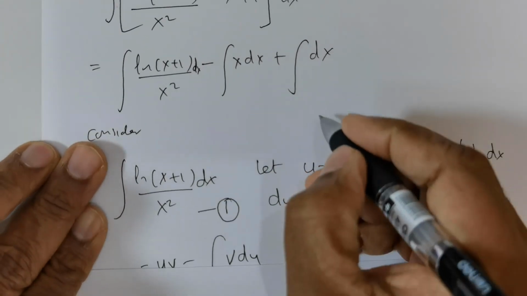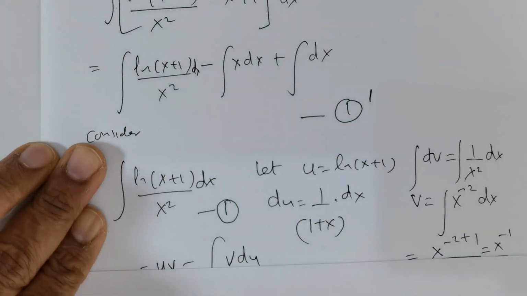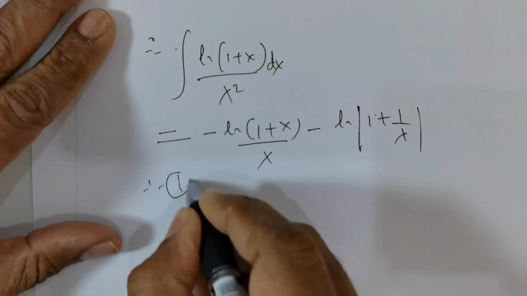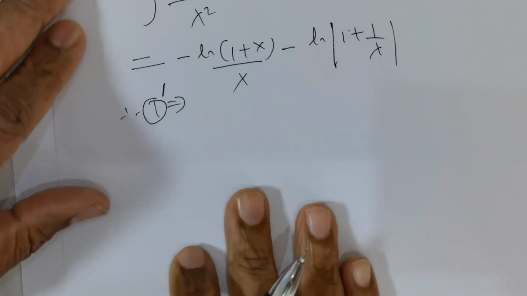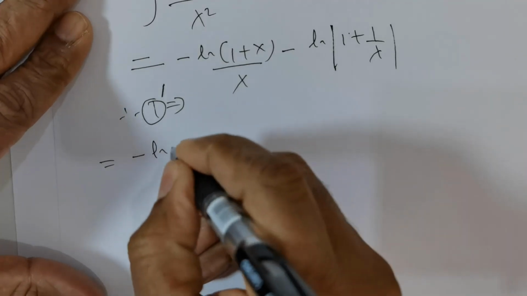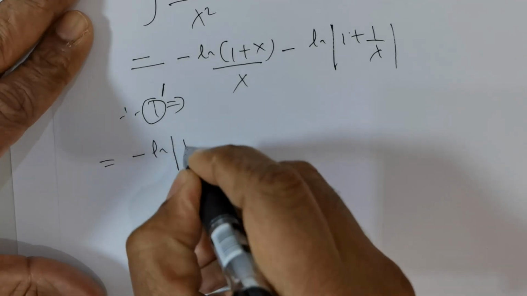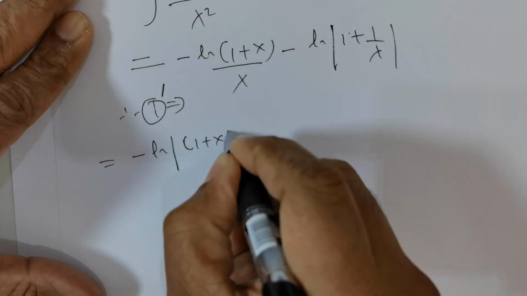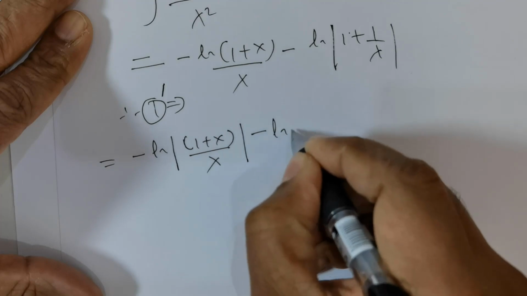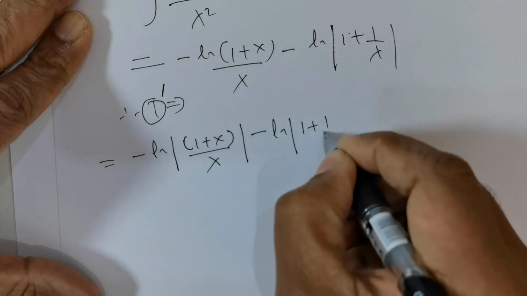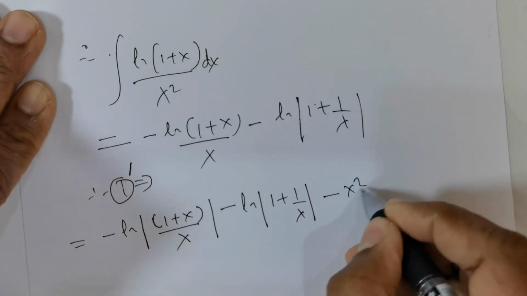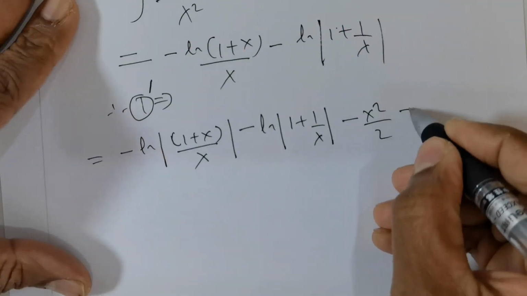Now we can take all of this and substitute it here. Let me write this as 1 dash. So 1 dash is rewritten as negative ln, I'll place in the modulus sign, of (1 + x)/x, negative ln of (1 + 1/x), negative, you integrate this, you get x squared over 2, you integrate this, you get x.